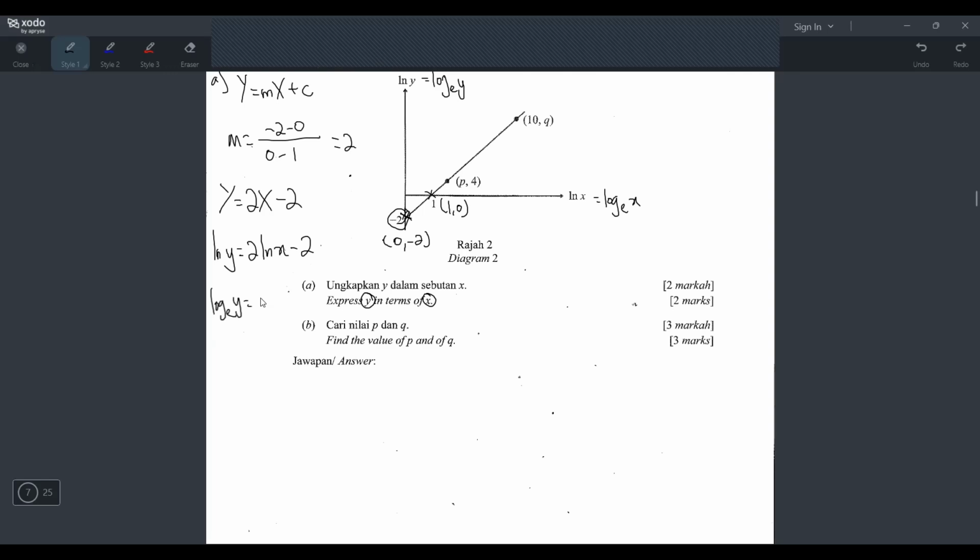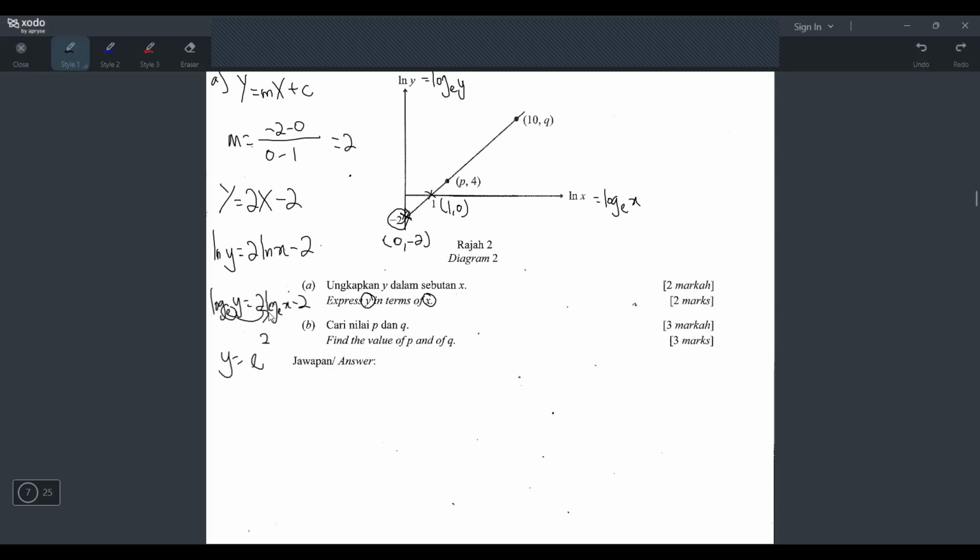This one is also 2 log base e of x minus 2. And what you want to do is perform anti-log, because you only want y on this side. Anti-log means you kick the log to the other side, but when you move the log to the other side, the log base will become the number base, and it will look like this.